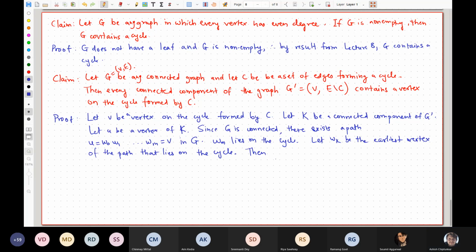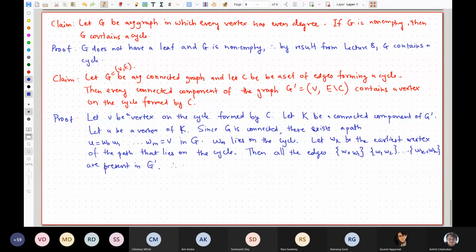So then all the edges w0 w1, w1 w2, up to wk minus 1 wk are present in G prime. Why? Because w0, w1, w2 up to wk minus 1, none of them lie on the cycle. So there is no question of removing any edge incident on them.